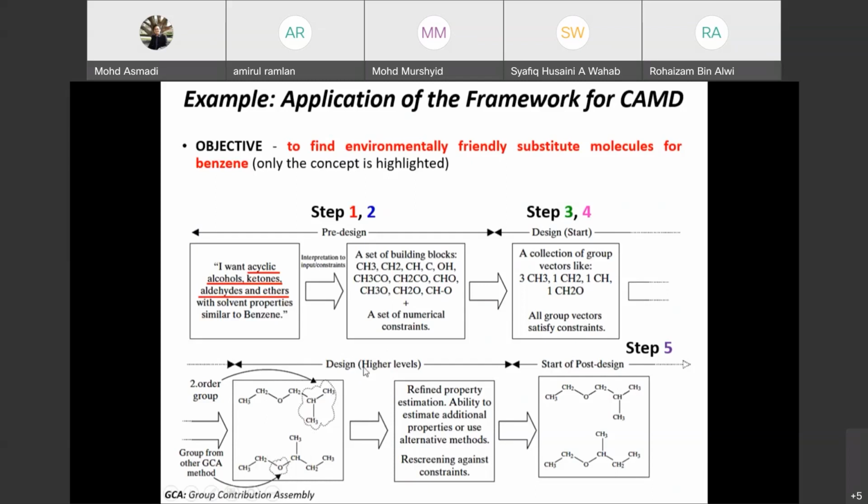Yang ni kemudian kita akan tengok dia punya mana ni, GCA, Group Contribution Assembly lah. Okay. Finally kita akan dapat kita punya target lah. Tapi yang ni isomer. Okay. Nanti kalau you buat screening, tak silap saya, dia tak ada sampai isomer lah. Tapi kalau ada software memang you kena klik yang isomer.